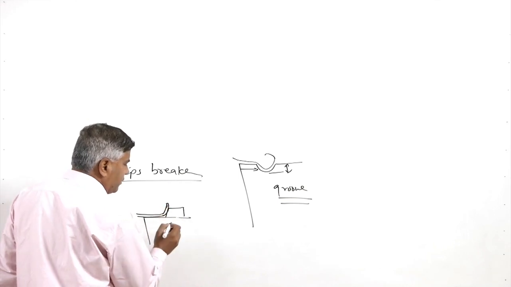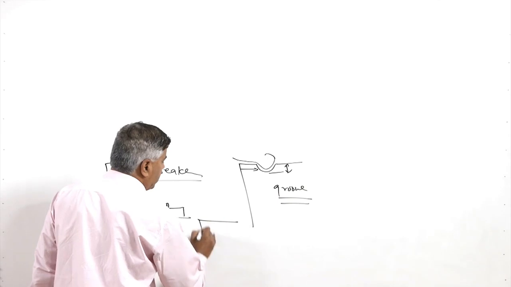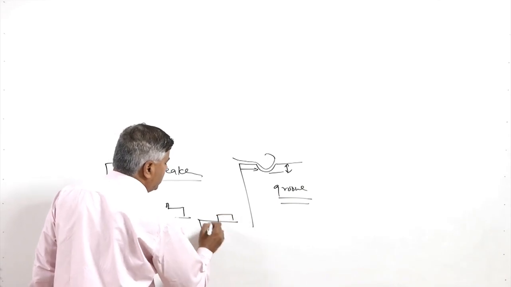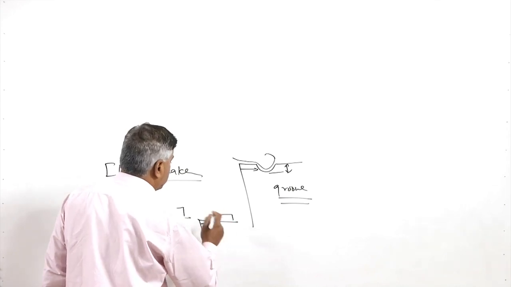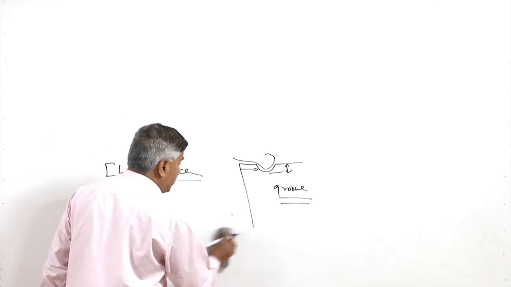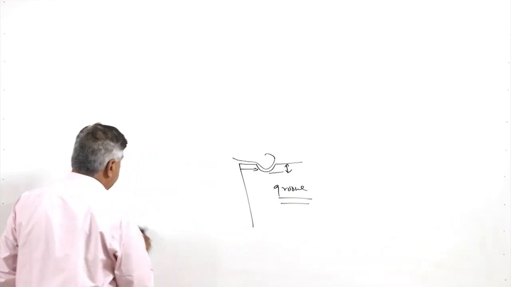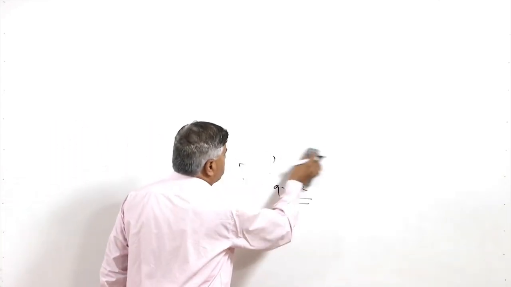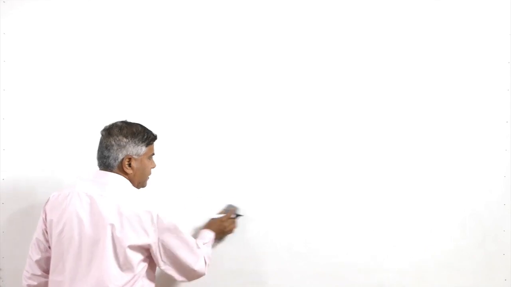This is the obstruction kind of chip breaker, wherein the height and the location of the obstruction govern its effectiveness. So, chip breakers help in breaking the chips easily, avoiding the unnecessary formation of lengthy chips.